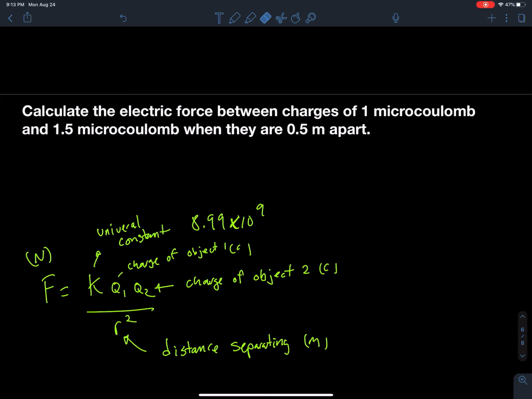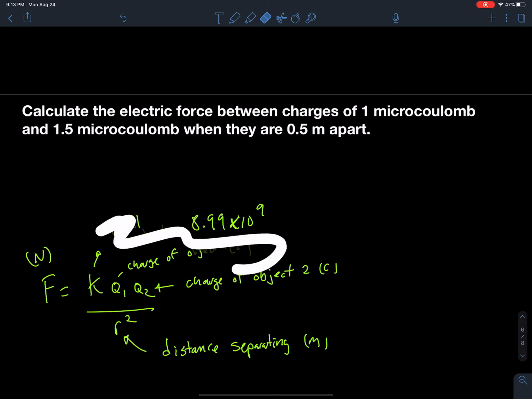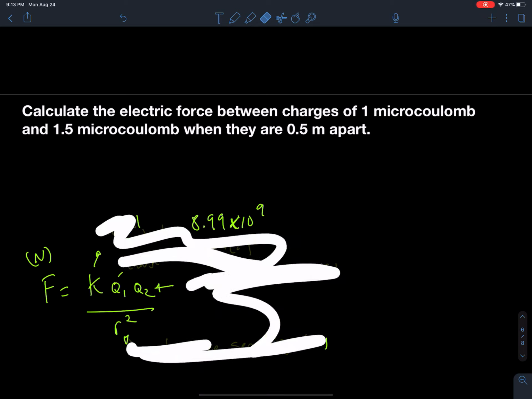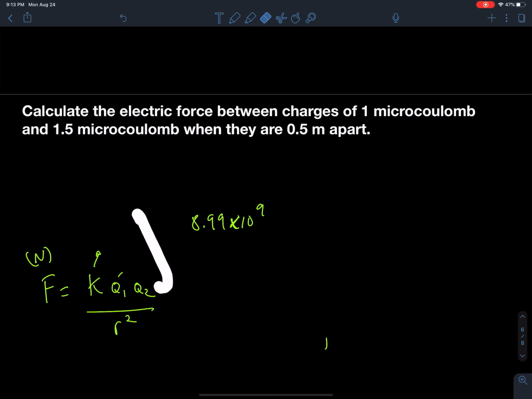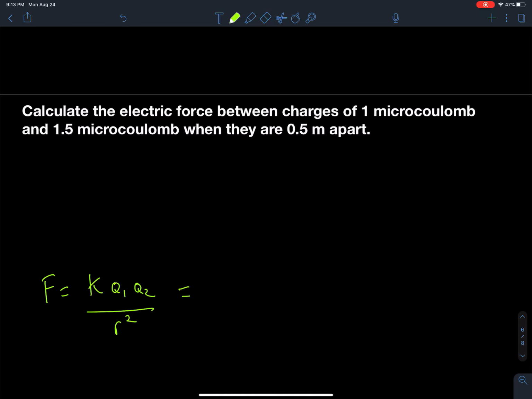I'm just going to erase all this stuff that I put over here, and we're going to apply that in this little calculation that we have over here. So if I want to plug the numbers in, I would have 8.99 times 10 to the 9. Now what this is, I have one object and another object that are separated by a distance of 0.5 meters.